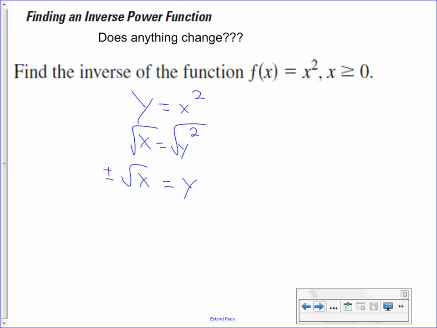But then they want that. So which answer am I only looking for? Just the positive. That's how you do that. It'll tell you. And there's a reason why you don't want the negative values here. And I'm getting to that here in a second. It's all about using your graphing calculator to see that. Okay?